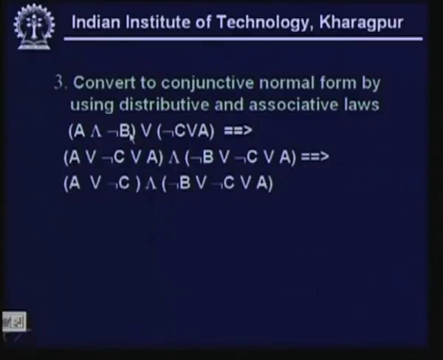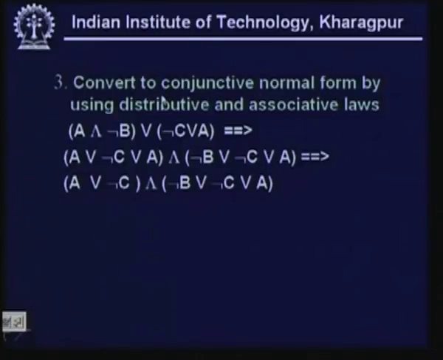By using the distributive and associative rules, A and not B or not C or A can be converted to A or not C or A and not B or not C or A. This can further be reduced to A or not C is one and not B or not C or A. Now, each of them you see is a disjunction, but they are connected with an AND operation. Since they are connected with an AND, this is called conjunctive normal form.